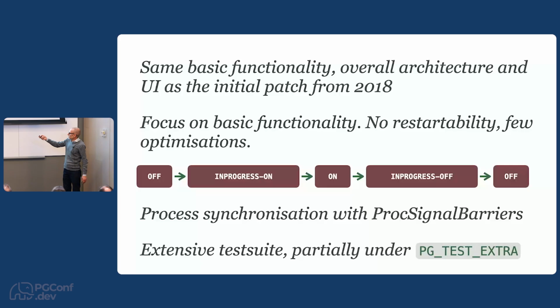It has the state transitions of off, in progress on, in progress off, and off, as discussed earlier. It uses proc signal barriers for synchronizing it, and it has an extremely extensive test suite. So big that most of it is actually disabled by default, because it will take way too long to run. But you can enable it pretty easily with PG_TEST_EXTRA.